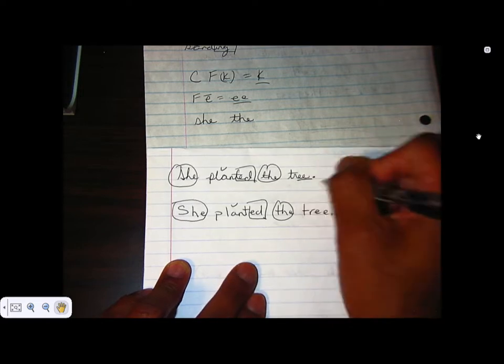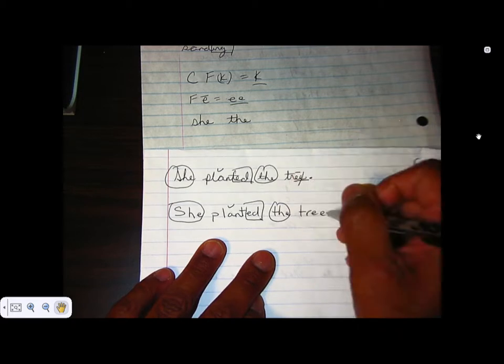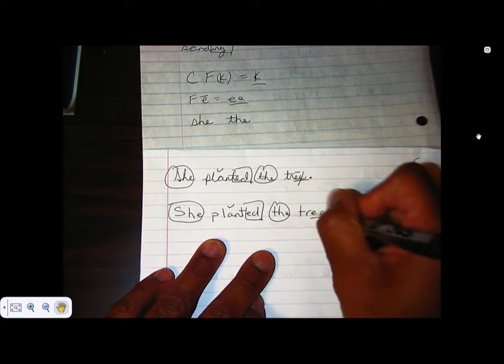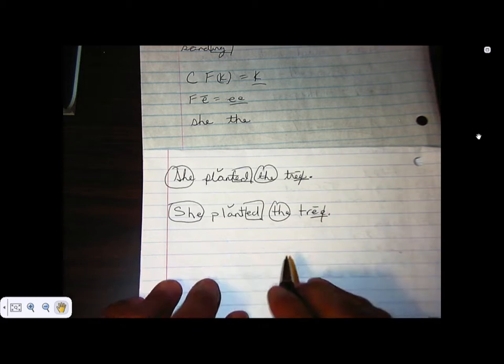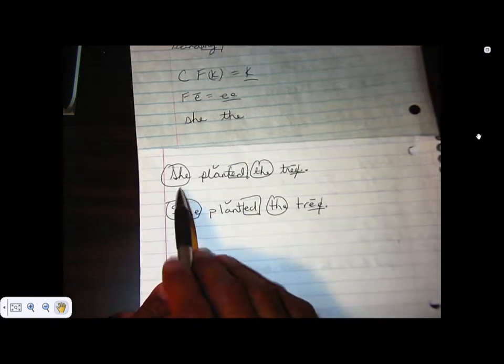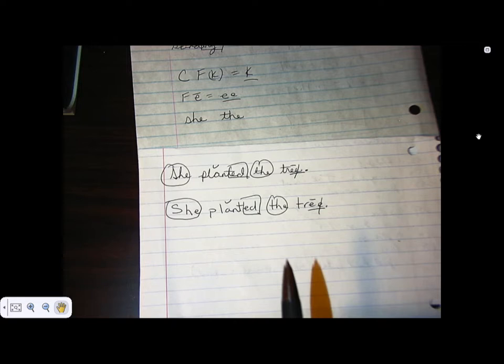Digraph EE gets underlined. Macron on the first one, cross out the second. Our sentence should say, she planted the tree. If you didn't have the correct thing written, I hope you went ahead and wrote it.